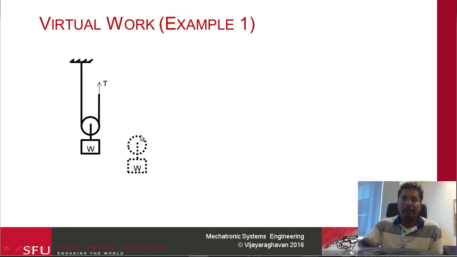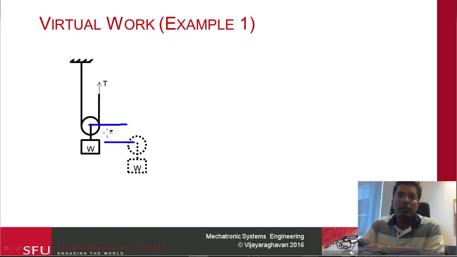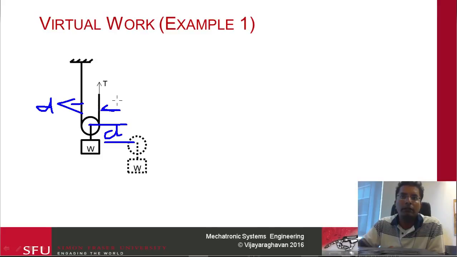Assume the distance from this point to this point is d. Because the center point itself moves down, this point will move by a distance d, and the rope needs to expand on this side by d as well. So there is 1d here and 1d here.